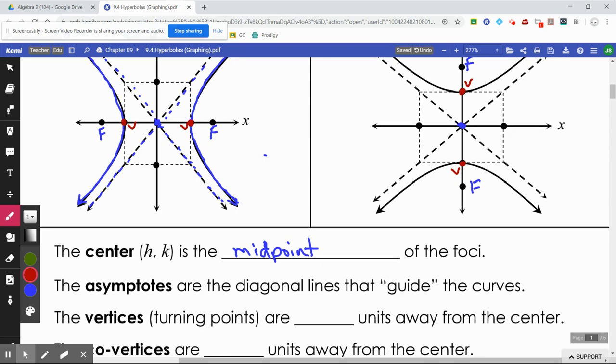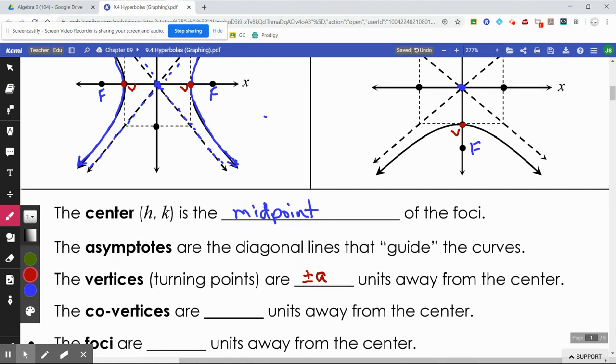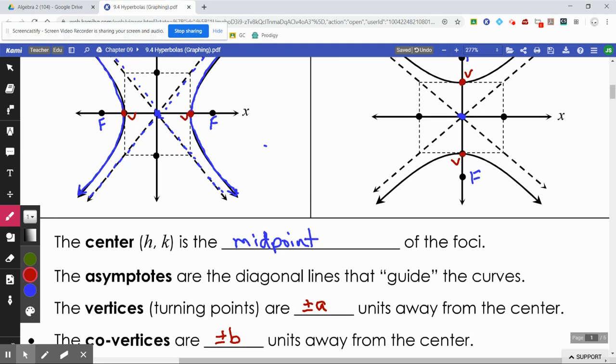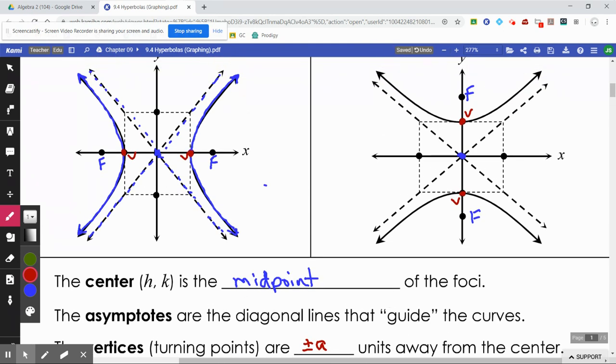The vertices or the turning points are plus and minus a units away from the center, identical to the ellipse. The covertices, the exact same thing, are plus and minus b units away from the center. Now, something a little bit different here, the covertices are not on the actual hyperbola itself. So you see some covertices there.